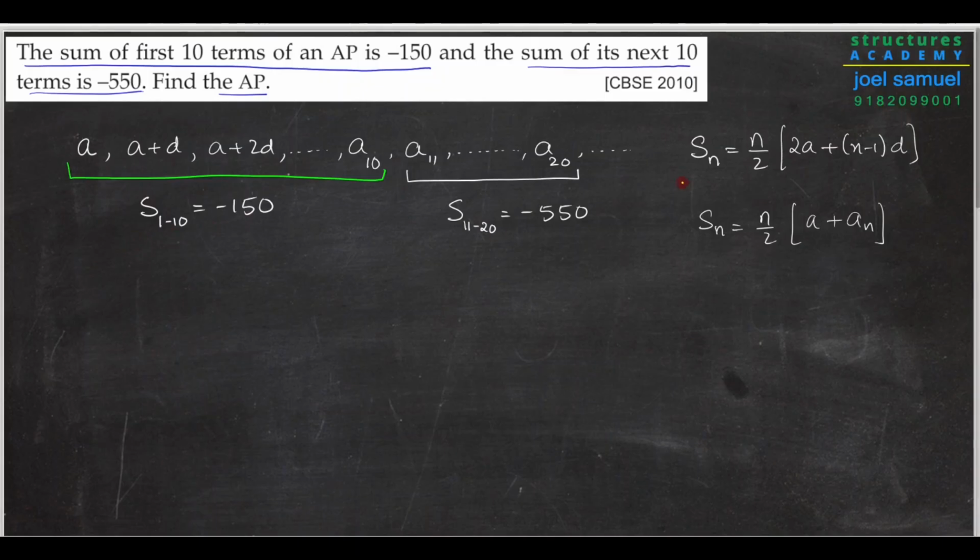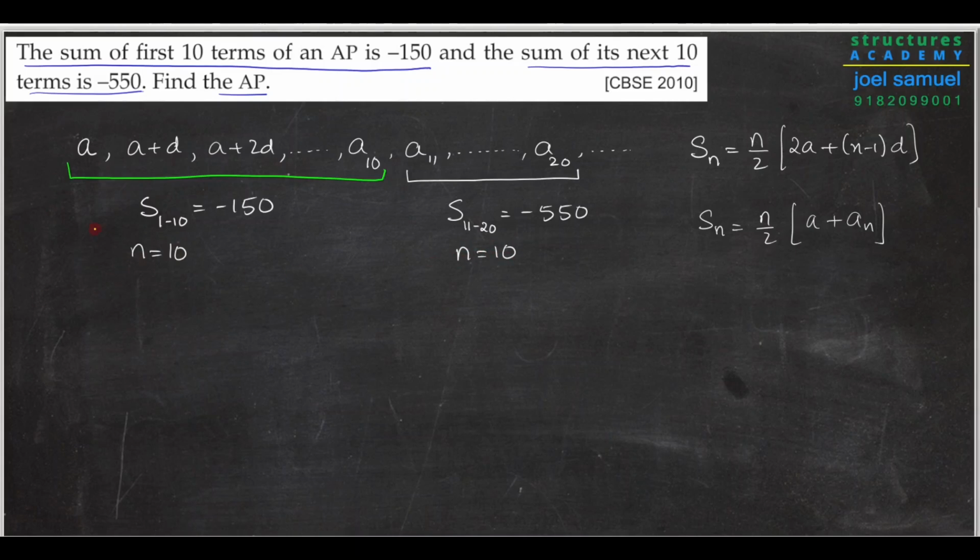Now if you observe in this equation, Sn is equal to n by 2 into (2a plus (n minus 1) into d). n stands for the number of terms for which the sum is being calculated. So whether you're talking about S1 to 10 or S11 to 20, in both cases n is equal to 10.